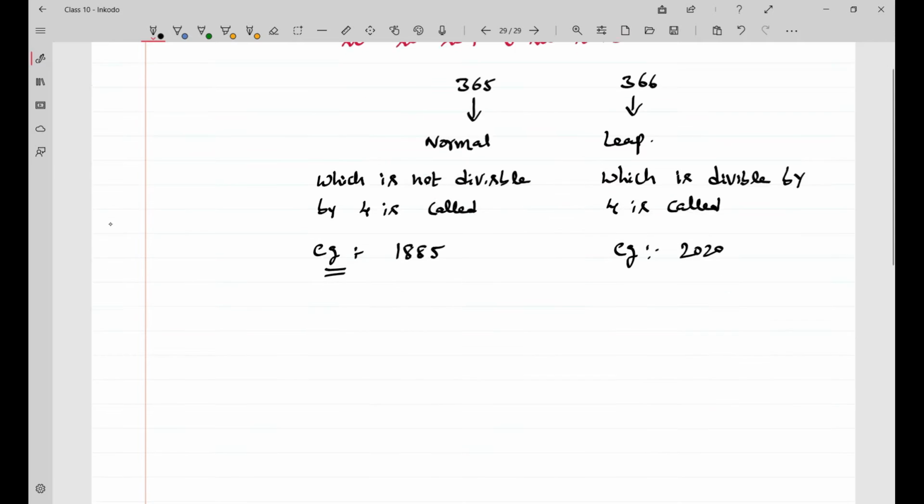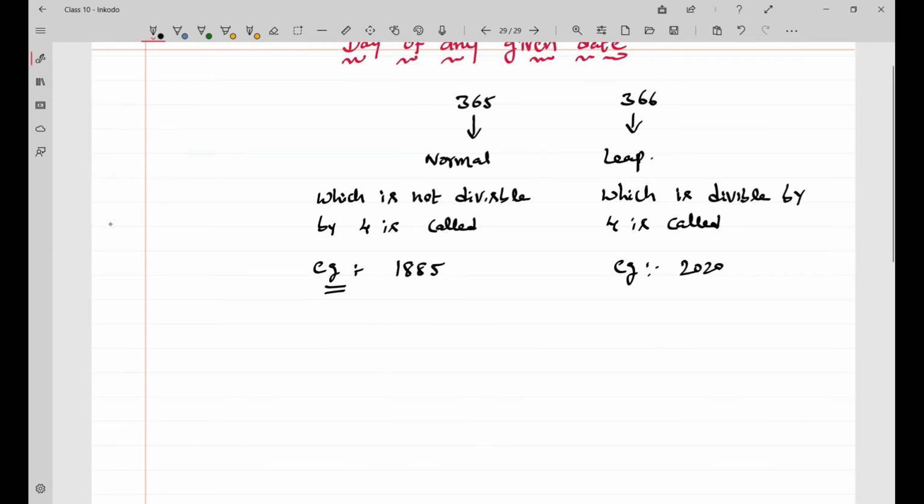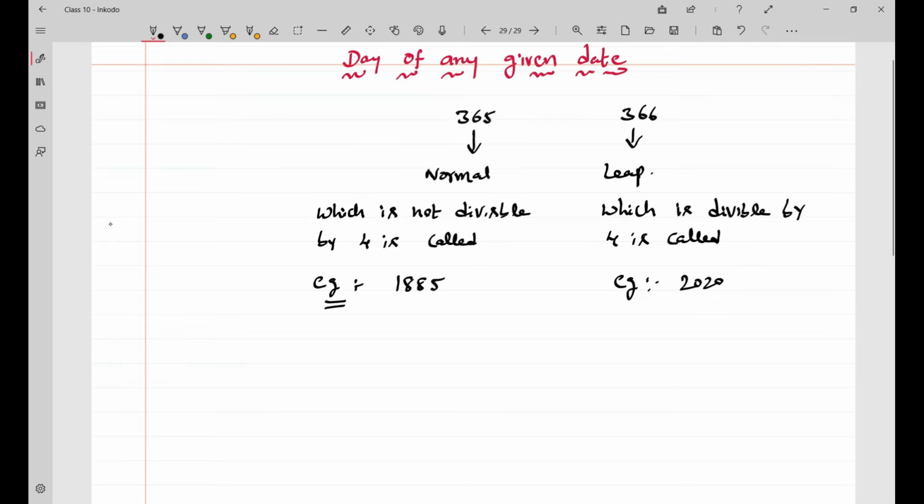Now let's see what is a century year. A century year is nothing but a year which has two zeros at the end. If a century year is divisible by 400, then that is called a leap year. Otherwise, it is a normal year.